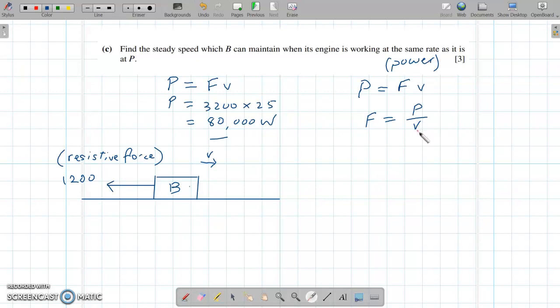So as the velocity creeps up, the driving force is less. I mean, that makes sense, because if you're driving along at high speed, let's say 100 kilometers an hour, you can't accelerate as quickly as if you're driving along at 20, and you come to a point where you cannot accelerate anymore because you're at maximum speed. Okay, so the driving force is P over V.